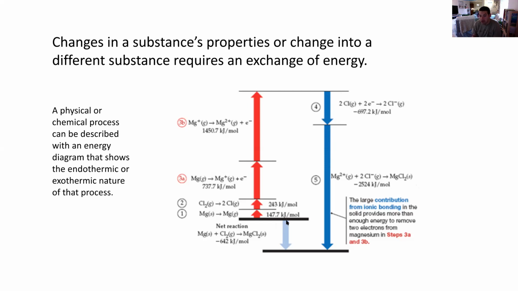But overall, right, even though we go through all of these steps, our net reaction is negative 642 kilojoules per mole. So even though we had some energy changes in the thousands at different points, overall, we're still not a huge energy change. All right, and negative 642 kilojoules per mole is actually quite large relative to other simpler reactions.